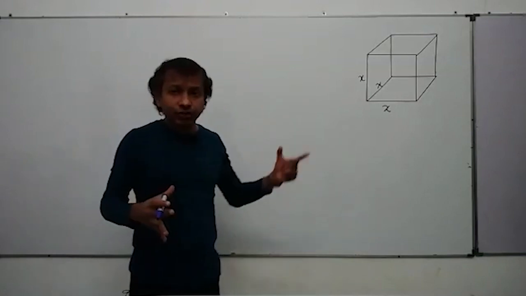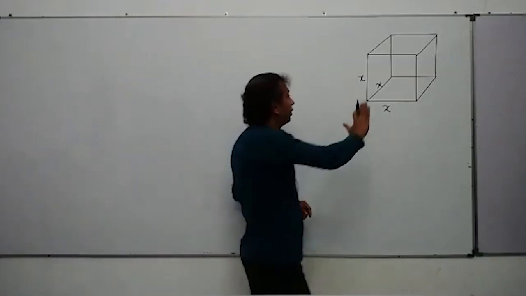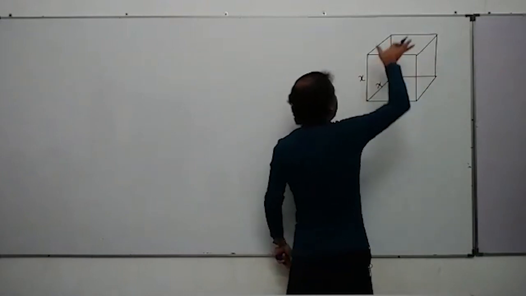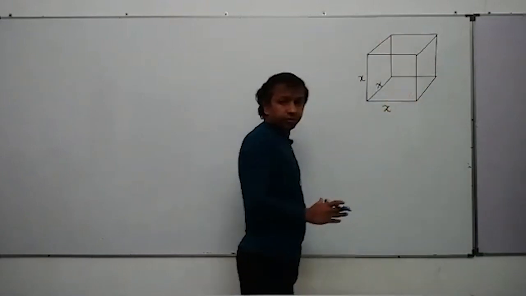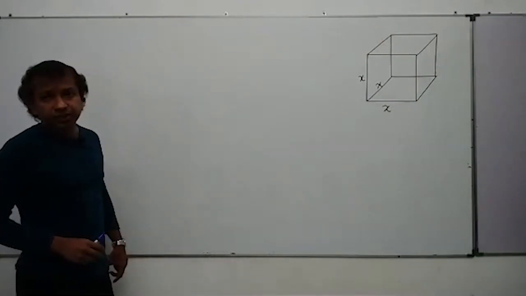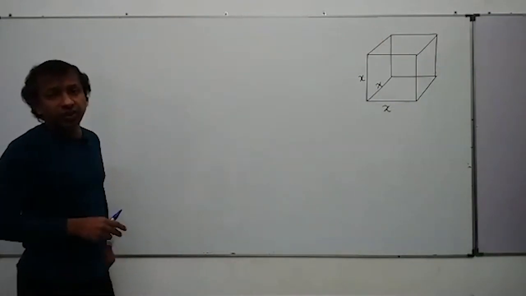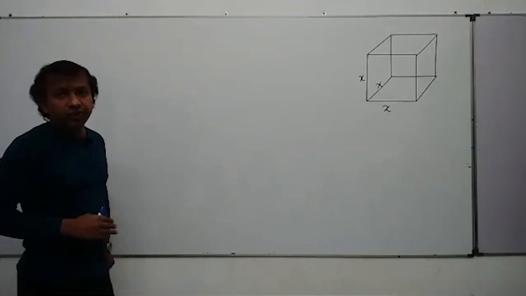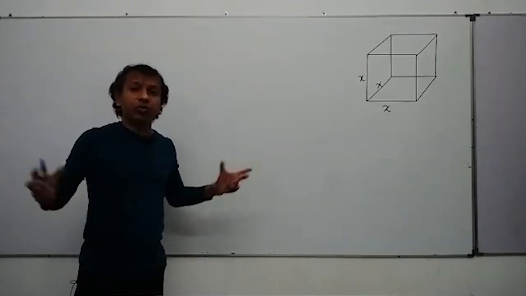There are 6 surfaces: this side, the other side, this side, top and the bottom. The total area of all these 6 sides is increasing as volume increases.